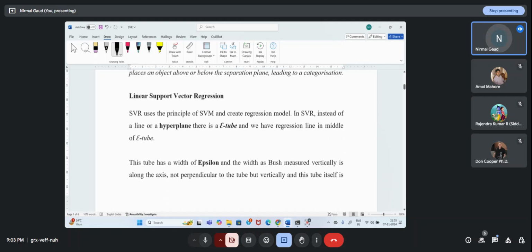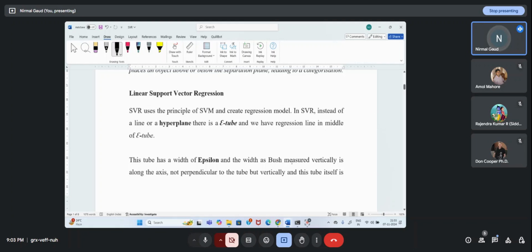So, linear support vector regression. See the name, linear. Just as in classification, we took the basic case. That was also linear, you had a linear hyperplane. Here also we are taking the same thing: linear support vector regression.